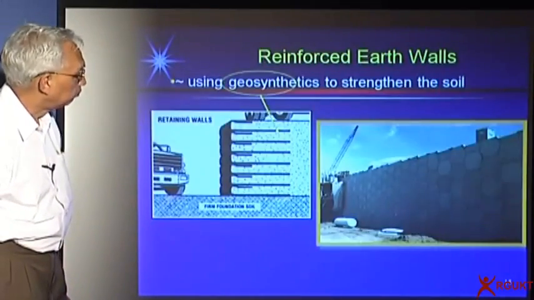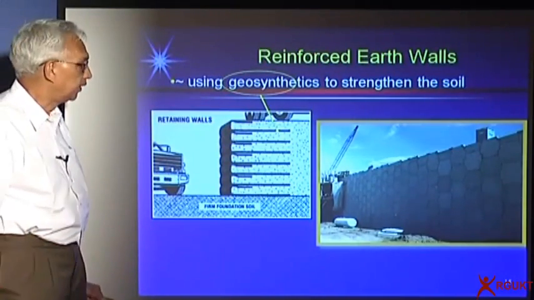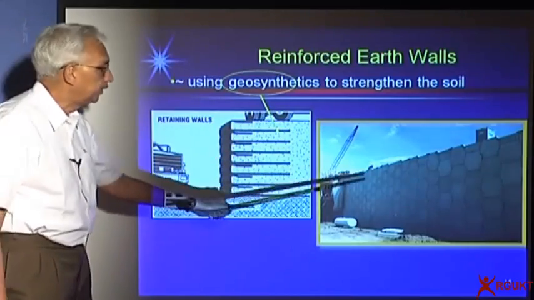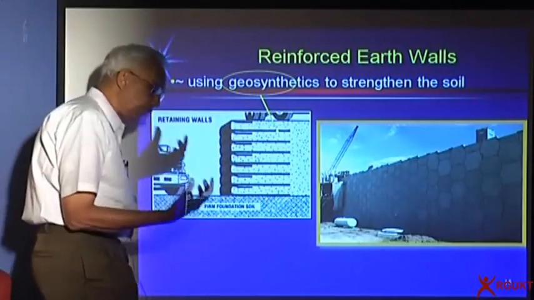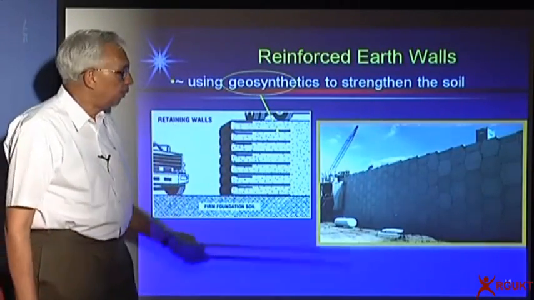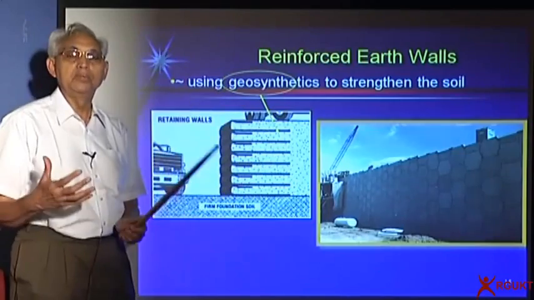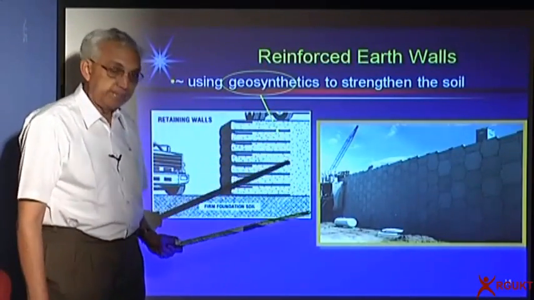If you go around any city, any flyover now, you cannot help noticing these reinforced earth walls. In the good old days, right from the beginning of this Christian era, people were building with stone, then later with concrete or masonry, etc., and steel also.